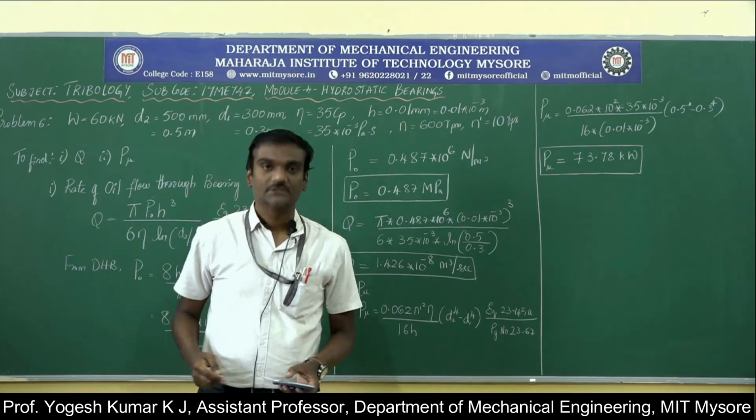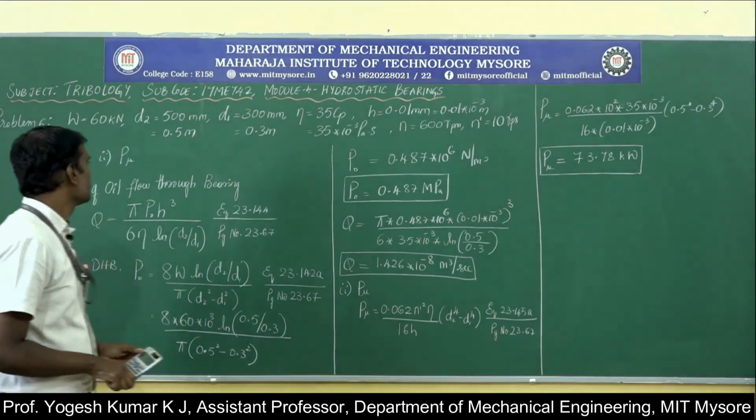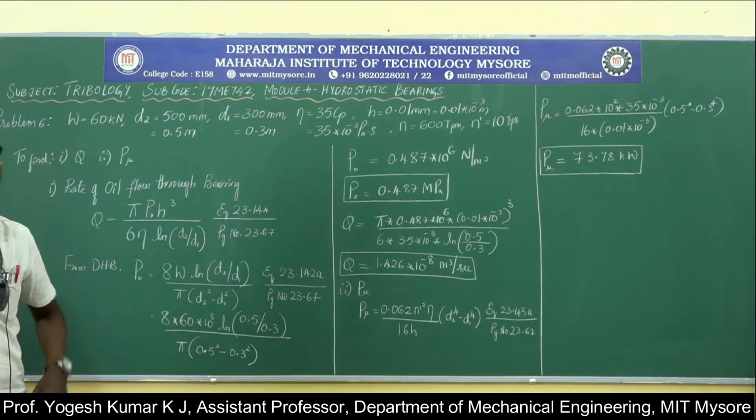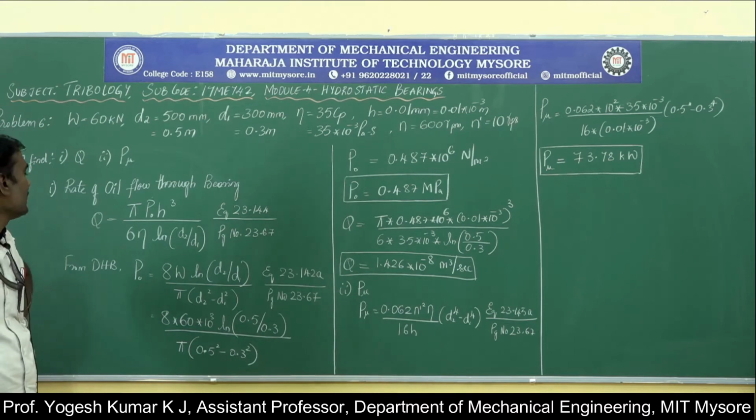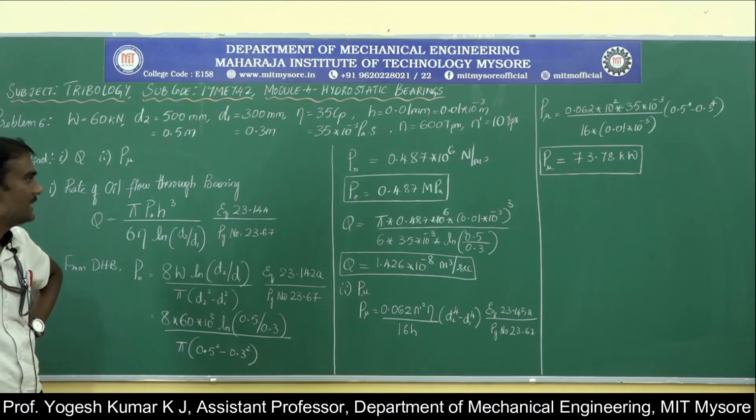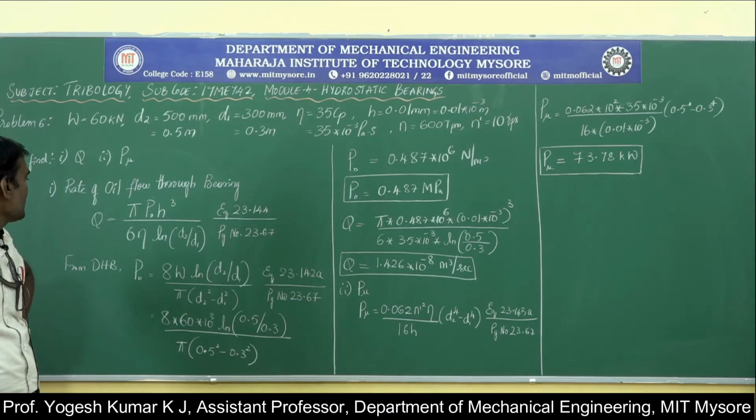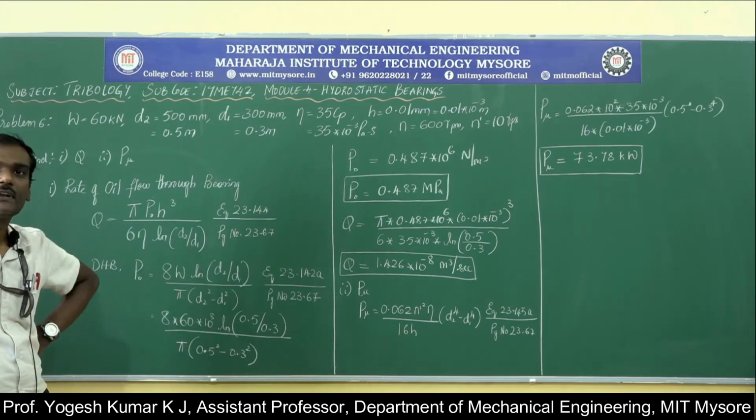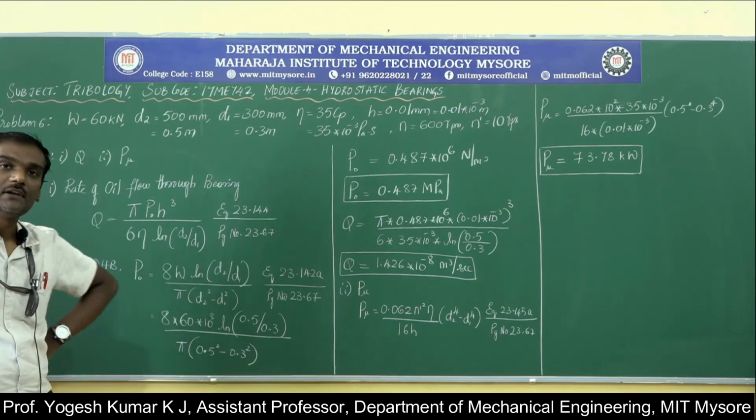73.78 kilowatts. So they have asked us to find out the rate of oil flow through the bearing and the power loss due to viscous friction, by giving some values like the vertical thrust, diameters, viscosity and the speed. To get the oil flow rate, the only unknown in our equation was the supply pressure.